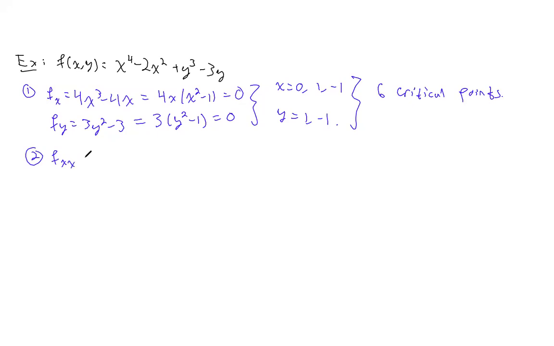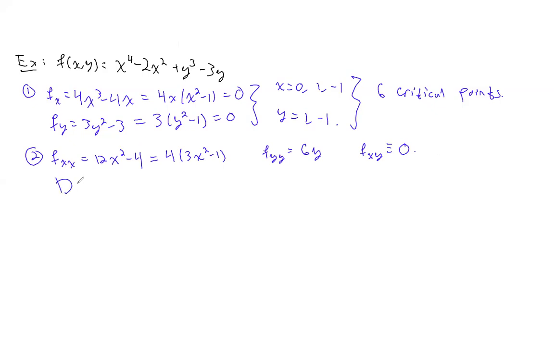Now, if we take the second derivative, fxx is going to become 12x squared minus 4, or in other words, 4 times 3x squared minus 1. fyy is 6y. fxy in this case is just 0, because neither of them depend on x or y in particular.